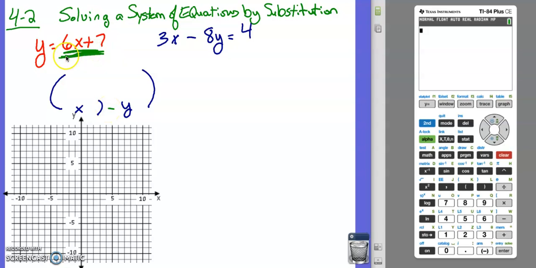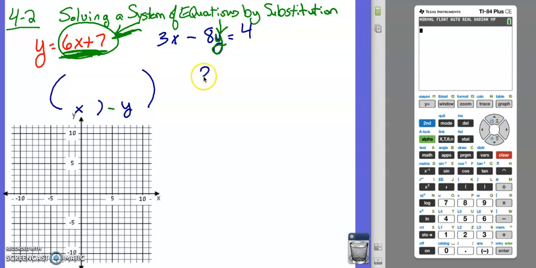Y equals 6x plus 7. So if y equals that, we're going to literally substitute the y in. So instead of writing this y, we're going to replace this y with all of that, because all of this is what y actually equals.